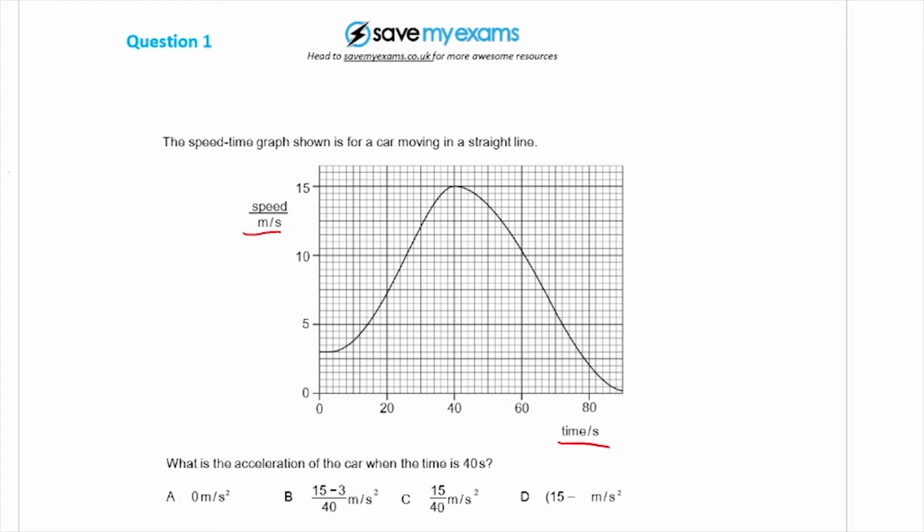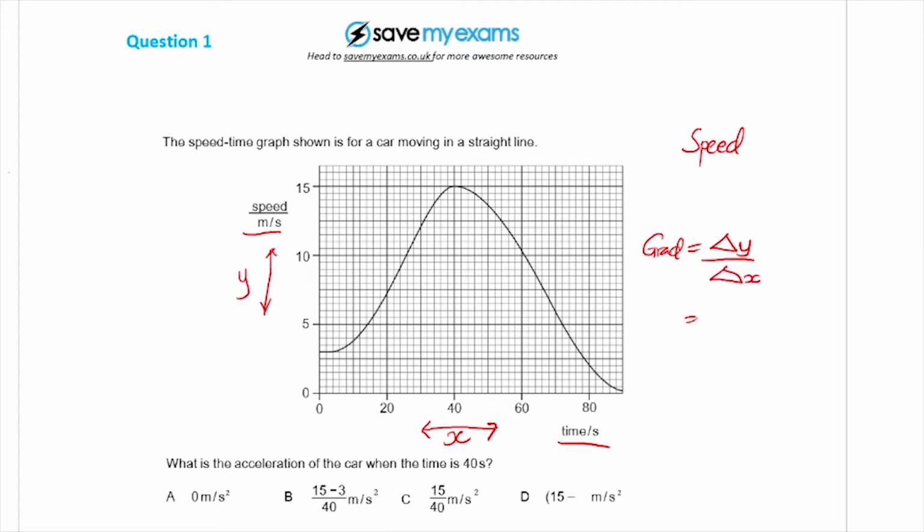Now, for the gradient of a speed time graph, this is the y-axis, and this is the x-axis. So we have to find the gradient of this graph. Gradient is change in y, divided by the change in x.